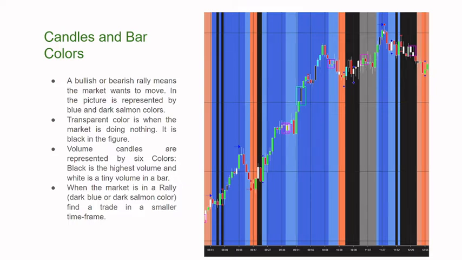I want to trade when the market wakes up, but you must be very careful, because very often when the market is in a squeeze situation, the market goes in a false breakout, like this.